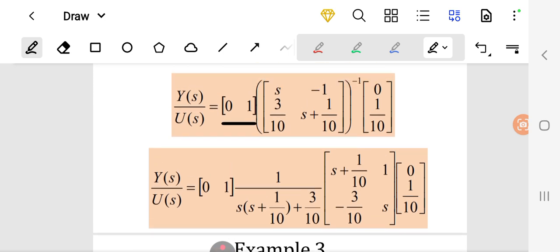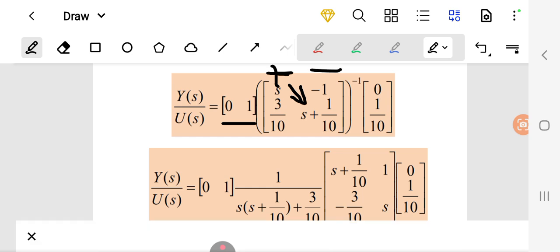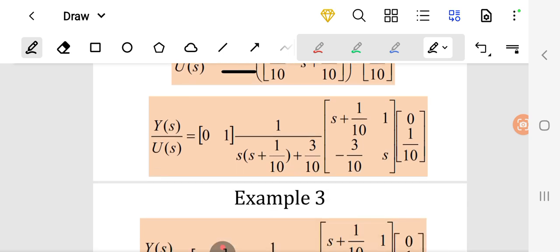We will get the inverse of this matrix. The inverse of this matrix equals 1 over the determinant, which is s times (s plus 1 over 10) with a positive sign, and with a negative sign, negative 1 times 3 over 10, which is negative times negative equals positive: s times (s plus 1 over 10) plus 3 over 10.